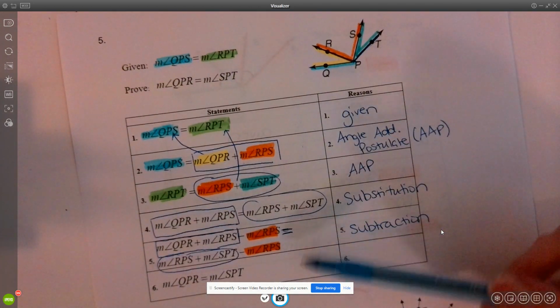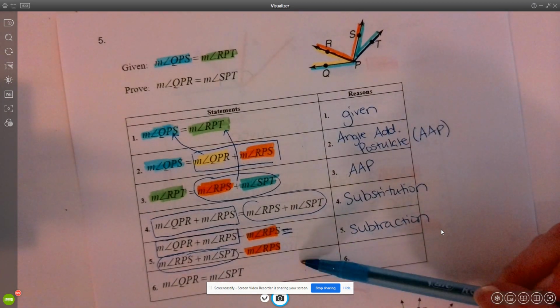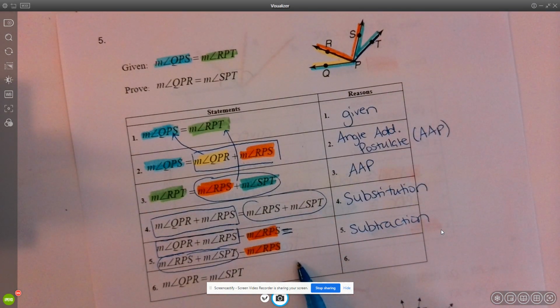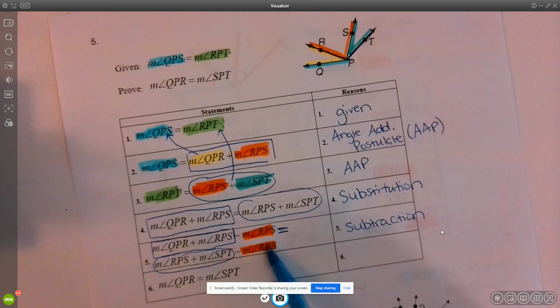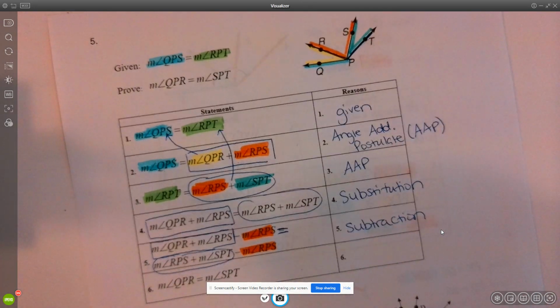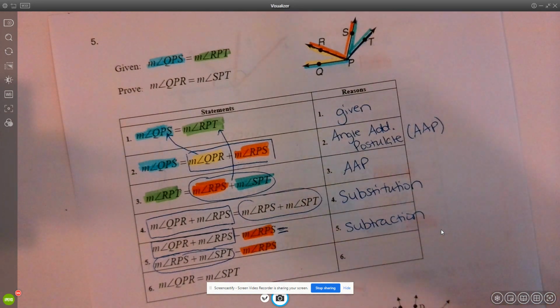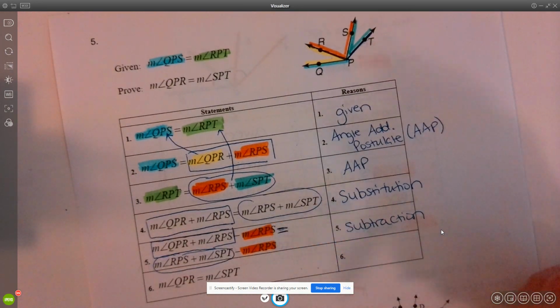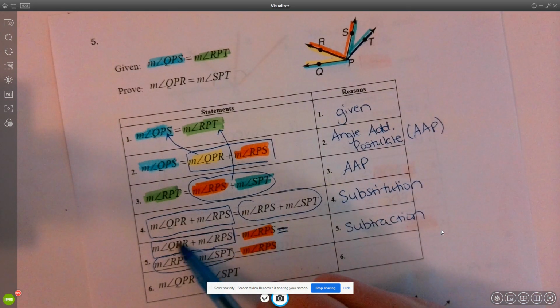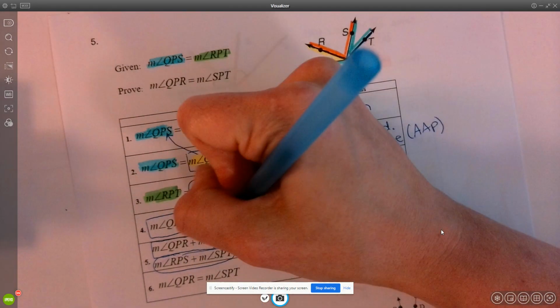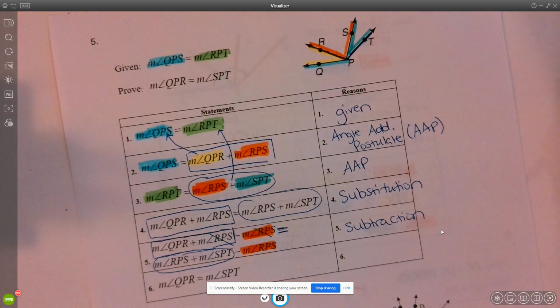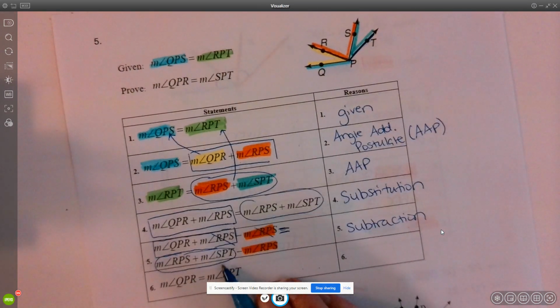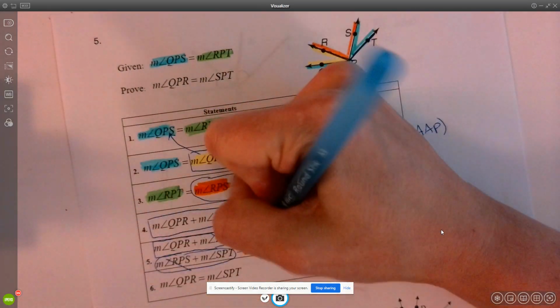Now, lastly, from step 5 to step 6, we're taking the subtraction and we're actually going to do the subtraction, combine like terms to get a more simple equation, right? We didn't just subtract RPS for no reason. So on the left side of the equal sign, my measure of RPS cancels. And on the right side, it cancels as well.